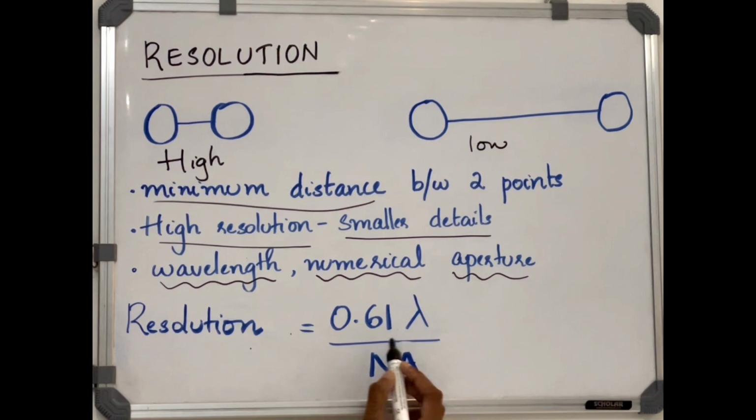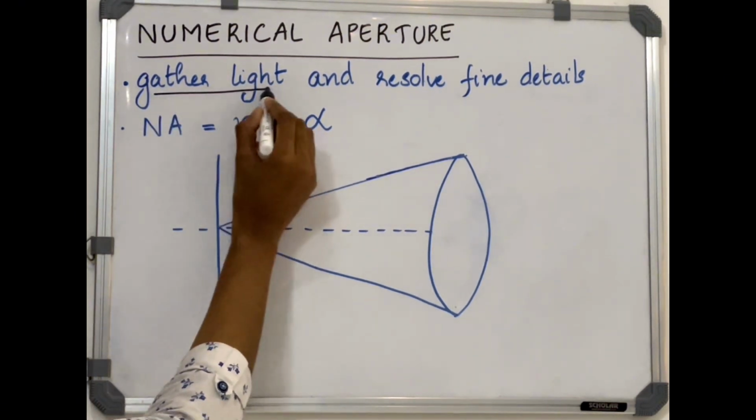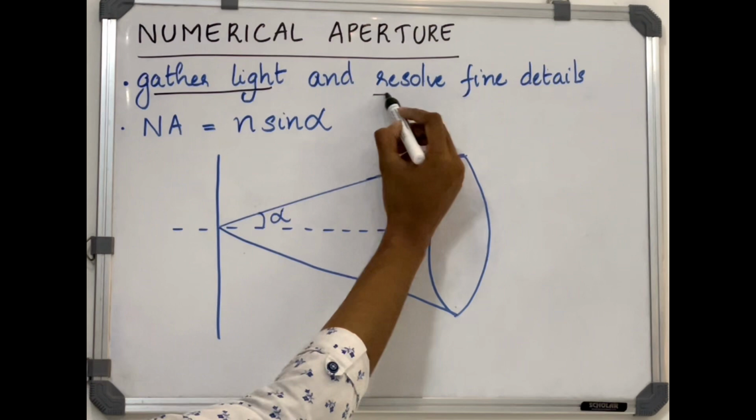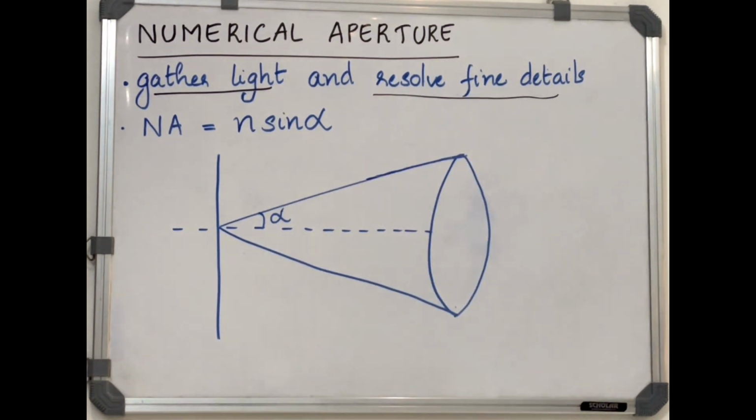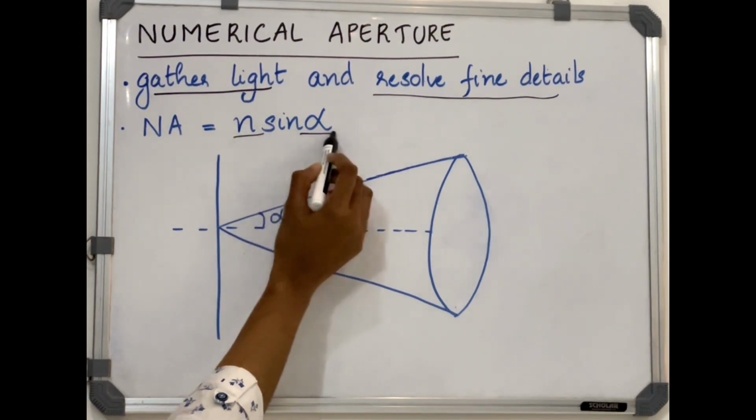Now let's see what is numerical aperture. So numerical aperture means the ability of the microscope to gather light and resolve fine details of the object. So the numerical aperture is equal to n sin alpha.